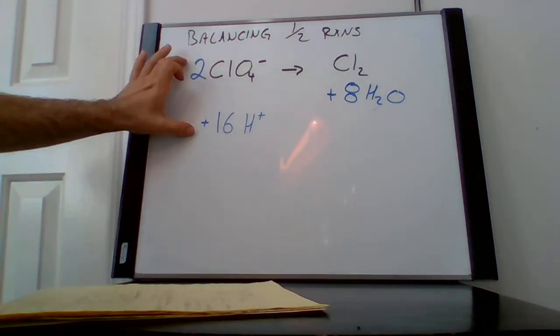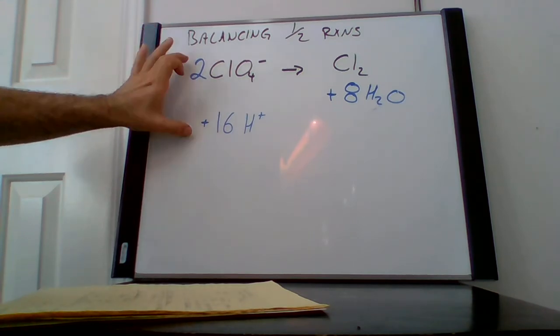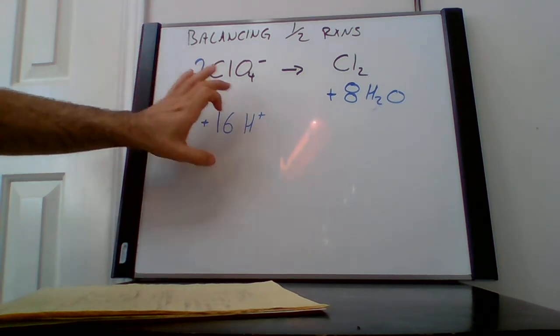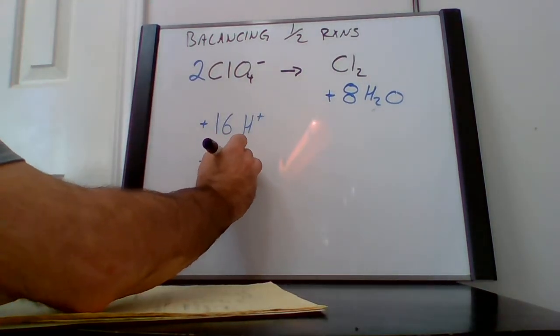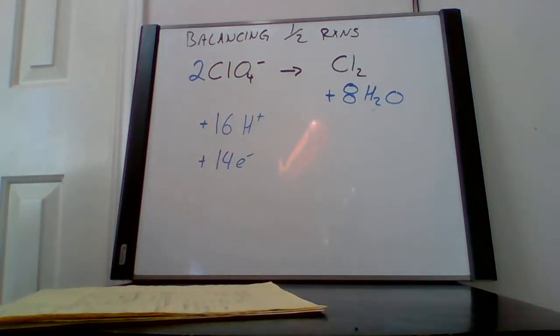That combines for a total of 14 positive on this side. If I've got to get to a 0 on this side, that means I need to add in 14 electrons to the side that has the extra positive charge. Okay. I can also double check by looking at my oxidation number.